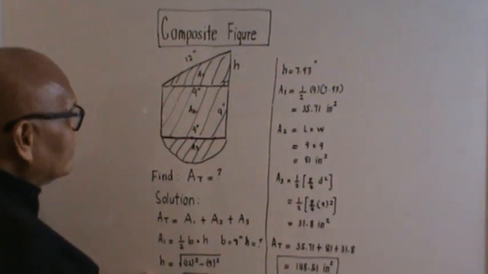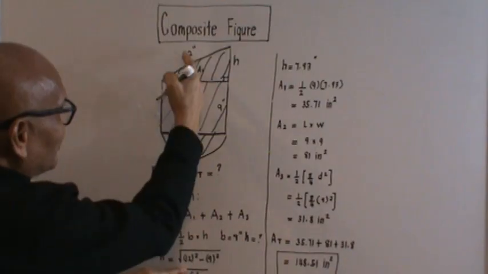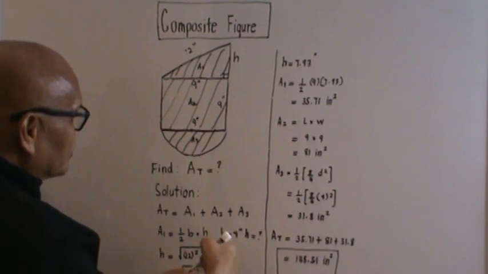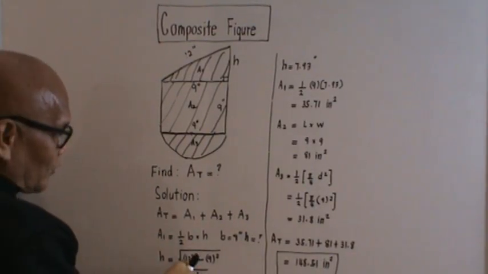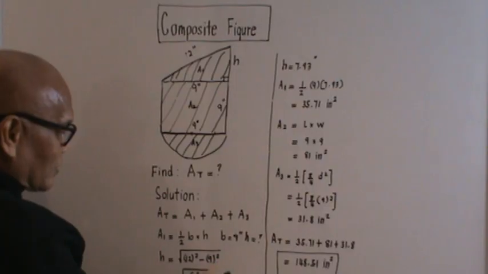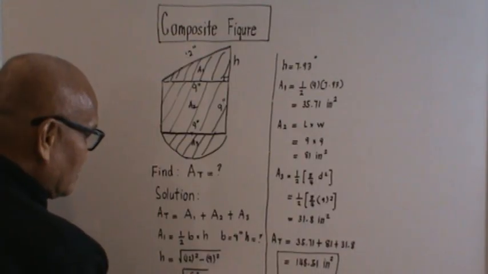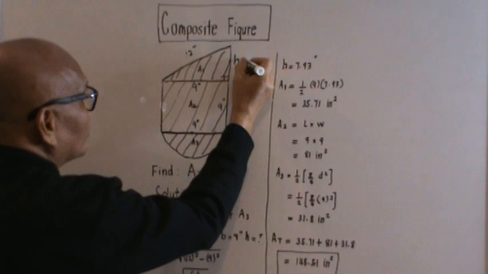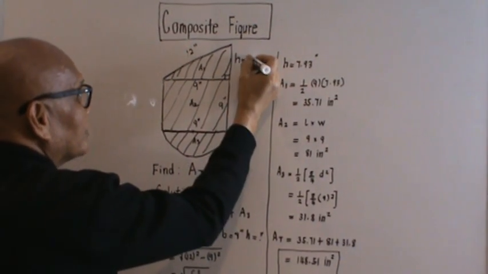So h will be the square root of the square of the hypotenuse minus the square of the adjacent side, which is 9. This is 144 minus 81, which is 63, and the square root of 63 is 7.93 inches. So the unknown height of the right triangle, the top area, is 7.93 inches.